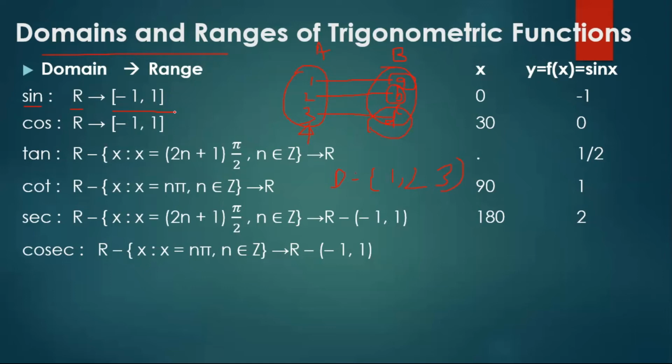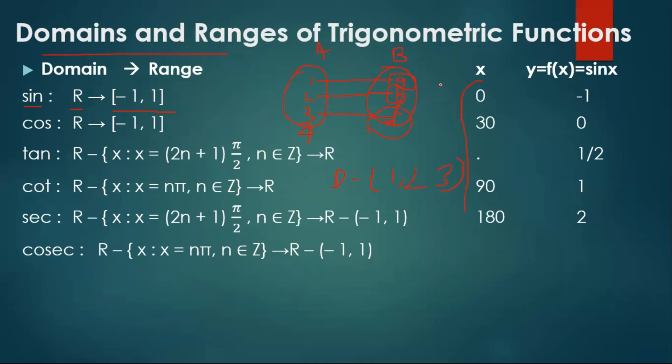Whichever elements you take in your first set, what will happen? The image which is formed from A to B, that is from the first set to the second set, is between 1 and -1. So we'll see 0, that is for sine x.